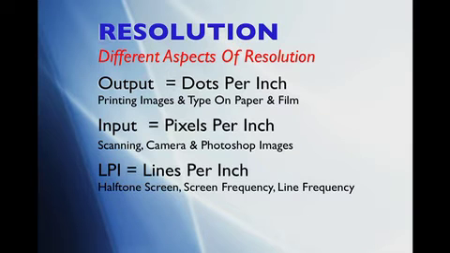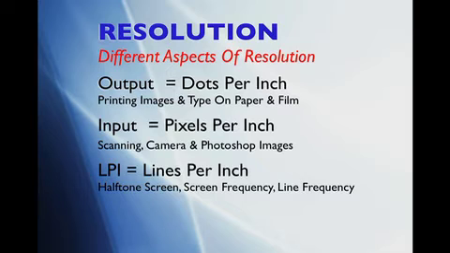First off, let's try to clarify a couple of things. We have resolution. We talk about resolution in a lot of different ways, and there are different aspects of resolution. So to try to clarify, let's talk about what I consider the three main areas or aspects of resolution.